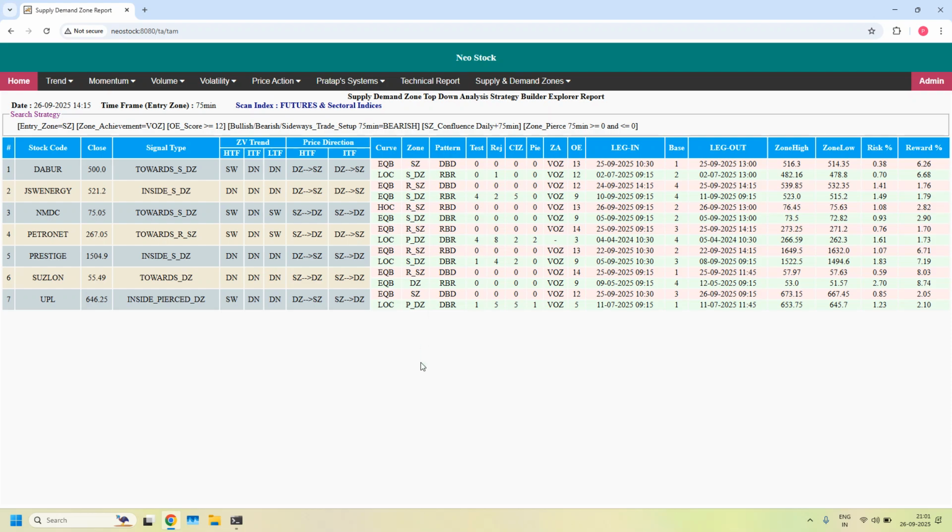Sorry, 75 minute supply zones are just overlapped with daily supply zone. This is our first strategy, LTF and ITF supply zone confluence. And the daily trend, 75 is overlapped inside the daily. That's why we are looking into the daily. The daily trend is down.